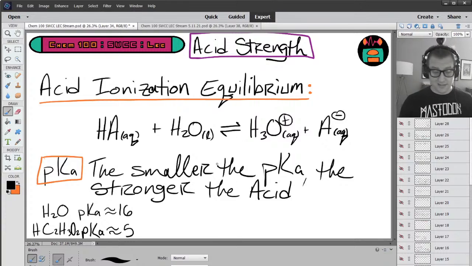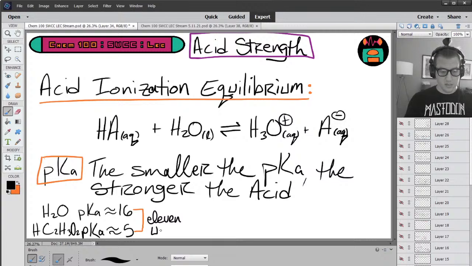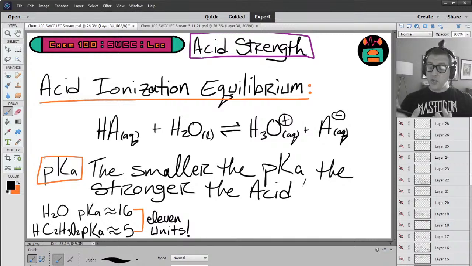But notice that we're dealing with 11 units here. 11 units on a logarithmic scale. Every jump down by 1, every move down or up by 1 is a power of 10.